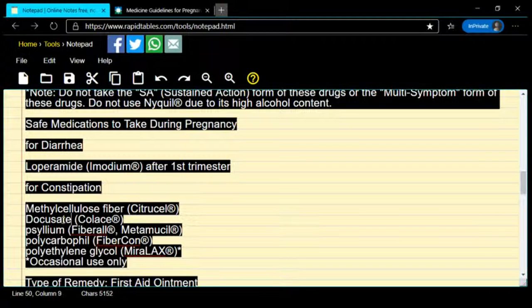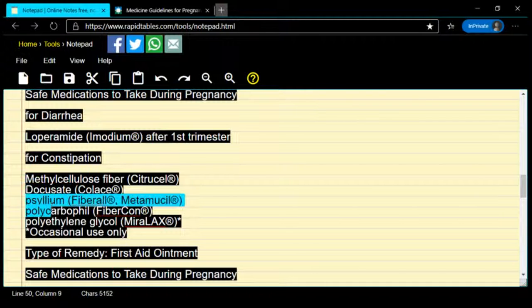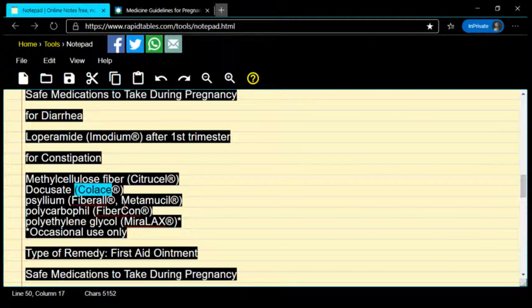Moving on to the next drug, after docusate, Colace, and psyllium, Fiberall, Metamucil, the polycarbophil. Polycarbophil is also important for treating constipation.